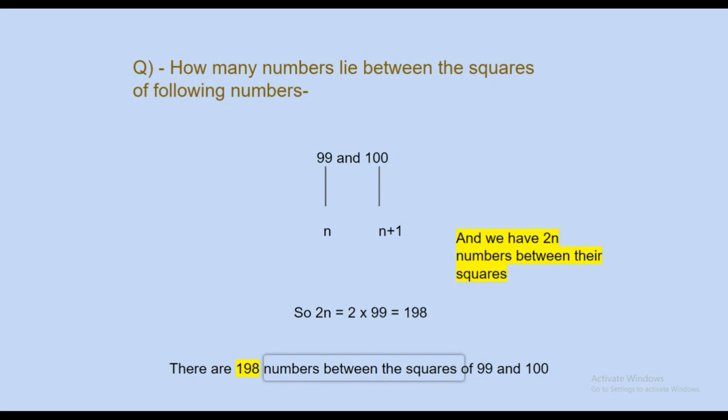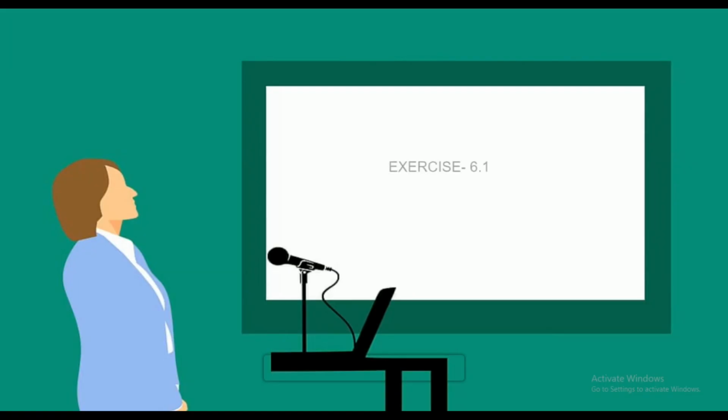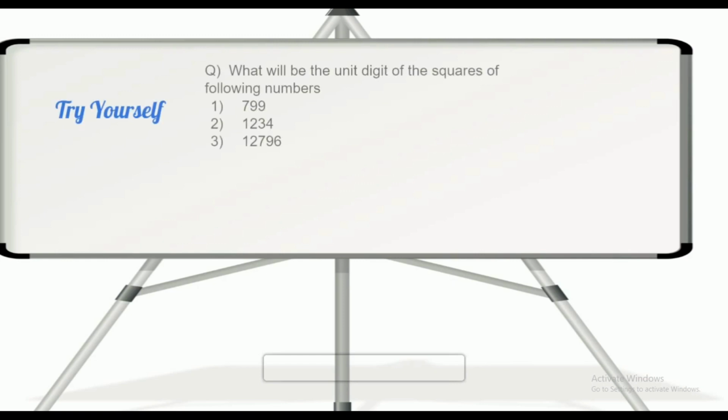So friends, with this we have completed exercise 6.1. I hope you all have well understood the concepts. Here I am giving you two problems which you have to solve yourself.